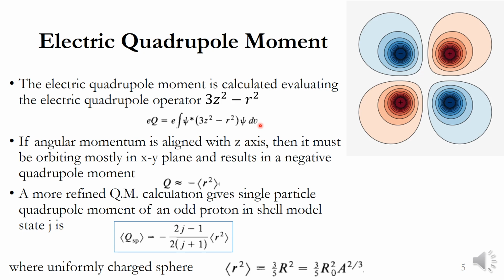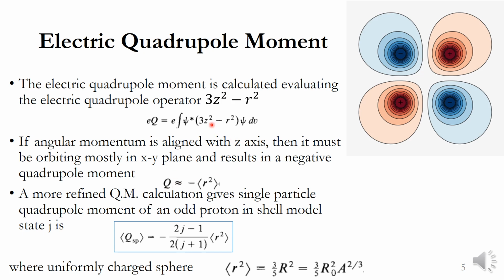Okay. Now if the angular momentum is aligned with the z axis, that means the nucleons are orbiting mostly in the xy plane, since the angular momentum direction will be normal to this spinning direction, the precession direction. That is why we say the nucleons are orbiting mostly in the xy plane, and this results in a negative quadrupole moment.